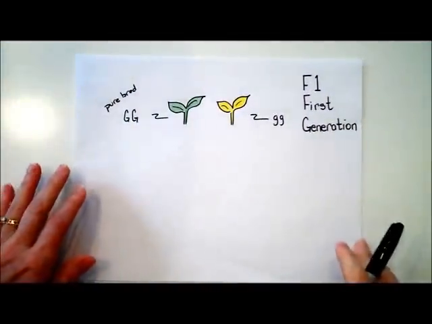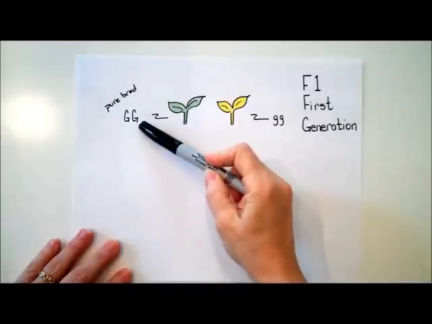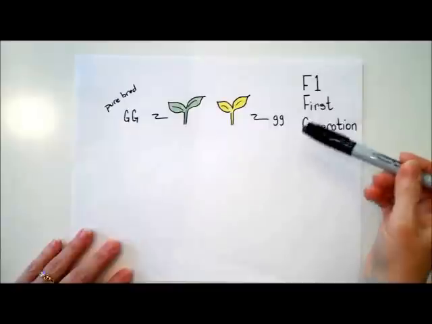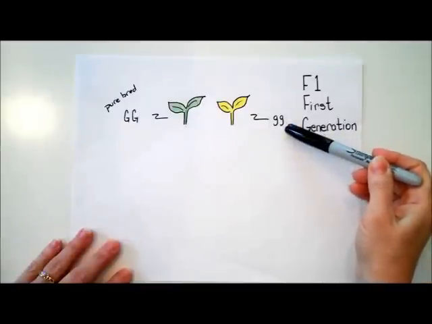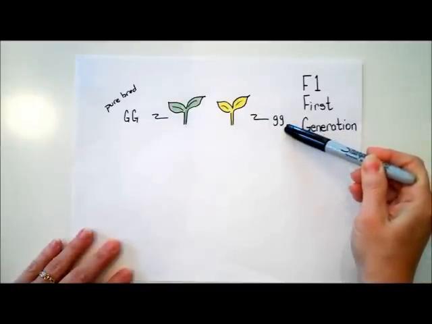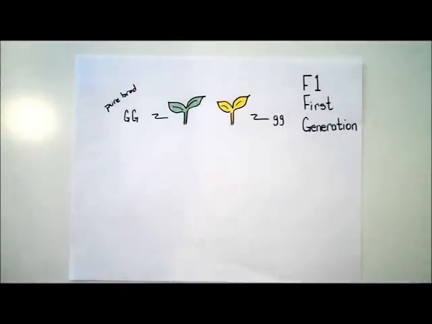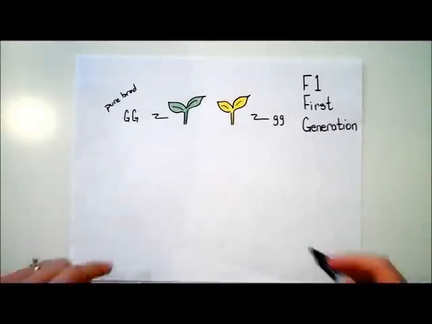Suppose two plants are bred together. One plant is purebred dominant for green pigment, and the other is purebred recessive, lowercase g, meaning that it cannot produce green pigment. When these two plants produce offspring, each plant gives one allele to the offspring.